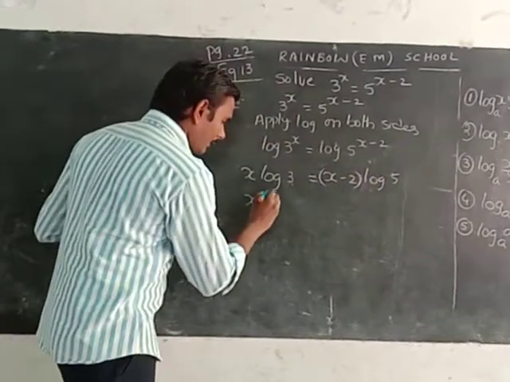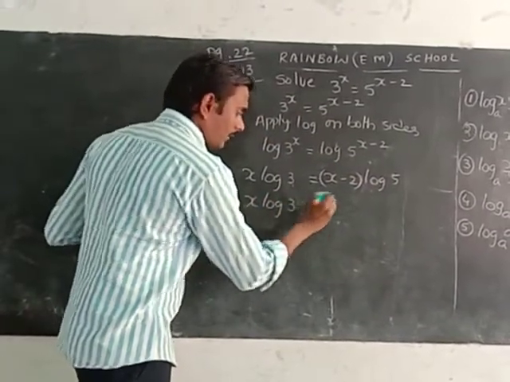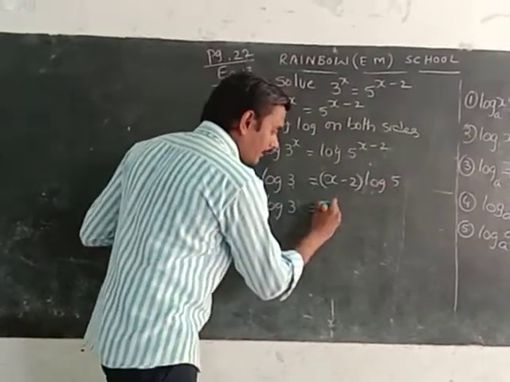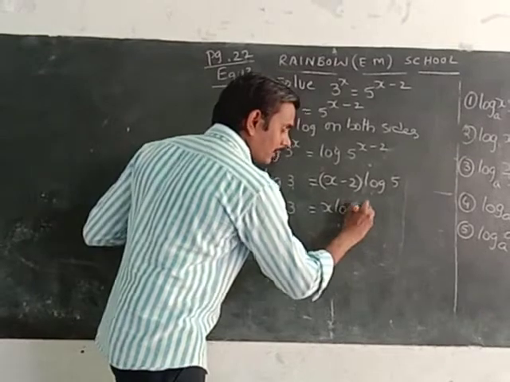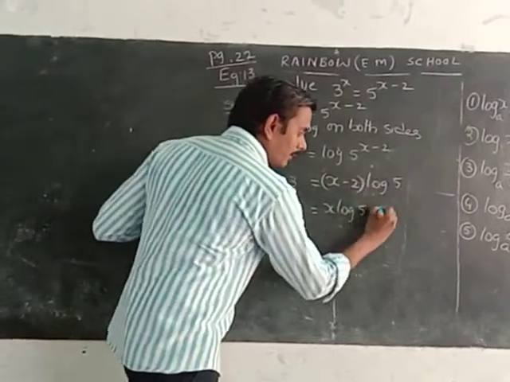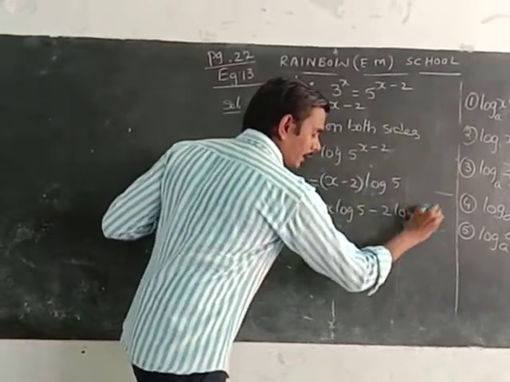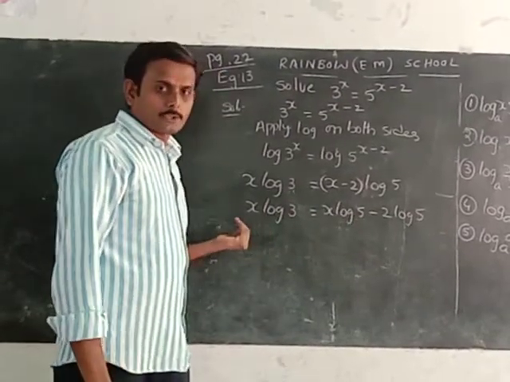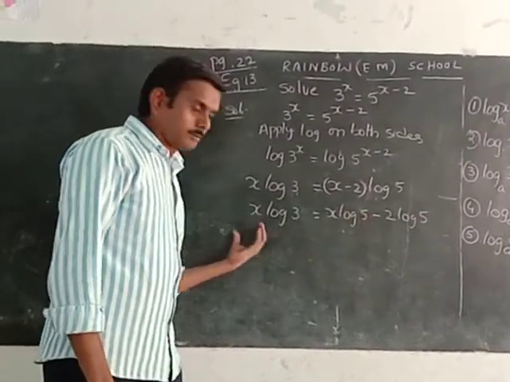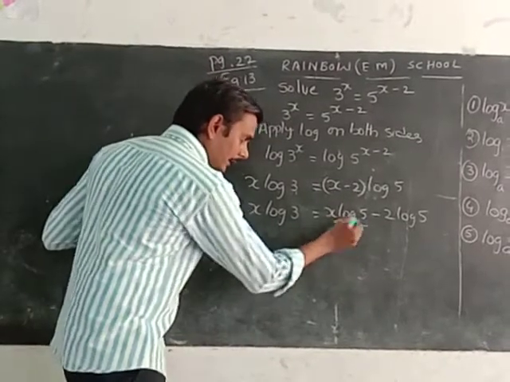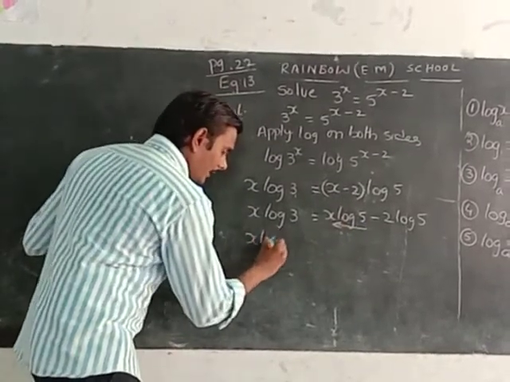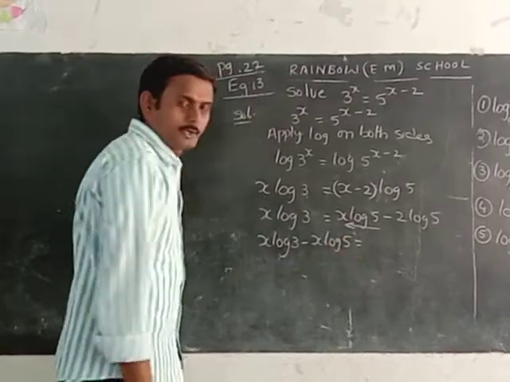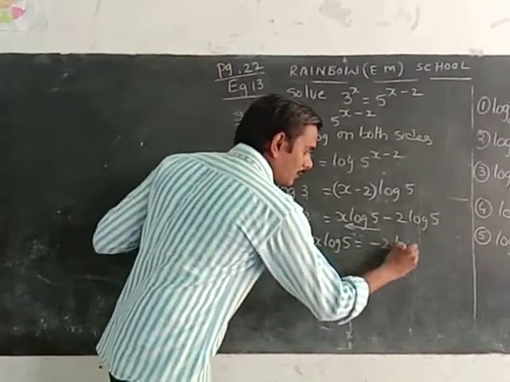Now we write x log 3 equal to, multiply each term with log 5: x into log 5, x log 5, minus 2 into log 5, minus 2 log 5. Now we have to move the x values to one side. Moving this side, x log 3 minus x log 5 equals minus 2 log 5.